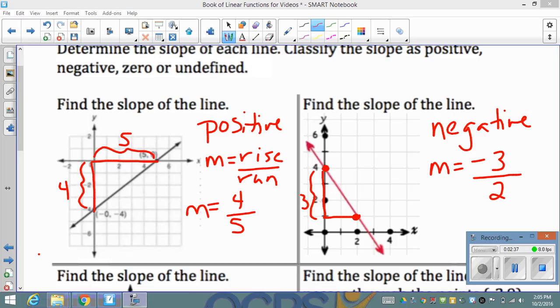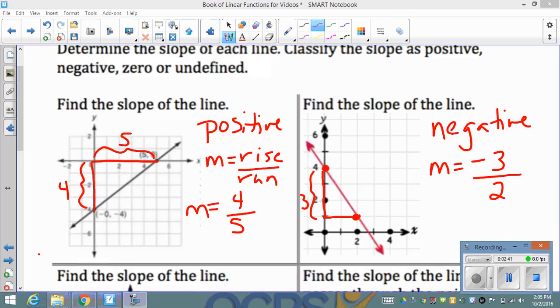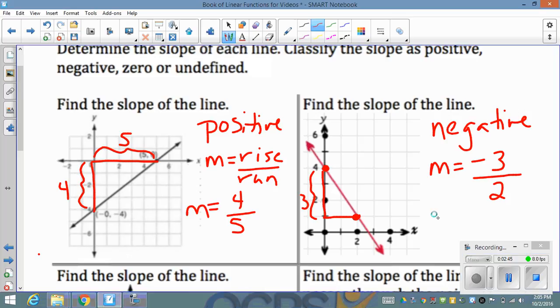So my slope is a negative 3/2. If you choose different points to count from, you might end up with 3 over negative 2 instead. It's okay. You can do 3 over negative 2, negative 3 over 2, or a negative out to the front with 3 over 2. Any of those is the same answer, negative 3/2.